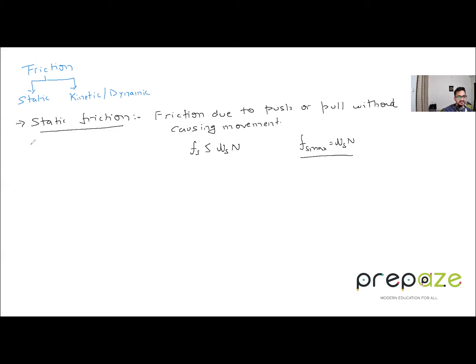There is another one, which is the dynamic or the kinetic friction. Now, what is it? It is the friction when the object is moving.